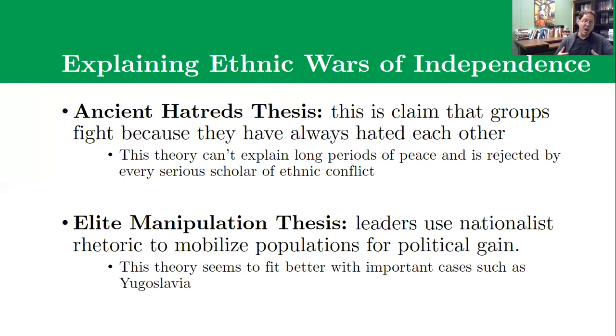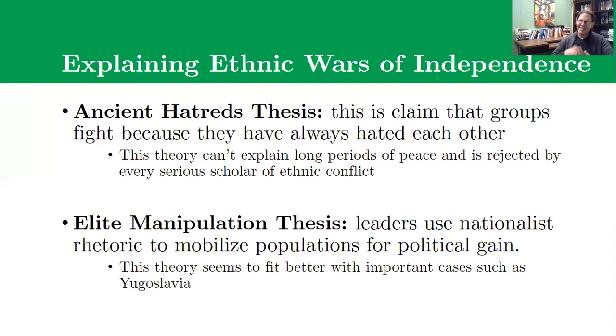And actually, we see this process of elite manipulation playing out pretty consistently across countries, and works really well in that Yugoslavia case with Bosnia, where you have leaders like Slobodan Milosevic, who began whipping up fear of what the Croats might do to the Serbian people, and whipping up fear about how the Serbian people have been betrayed under Ottoman rule and all of these wrongs that have been done to them, and mobilizes the Serbian population around the idea that Slobodan Milosevic is the leader that can protect the Serbian people and will do whatever it takes, no matter who gets hurt, to protect the Serbian people.